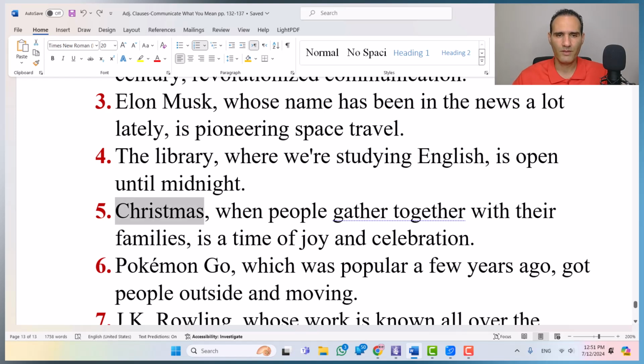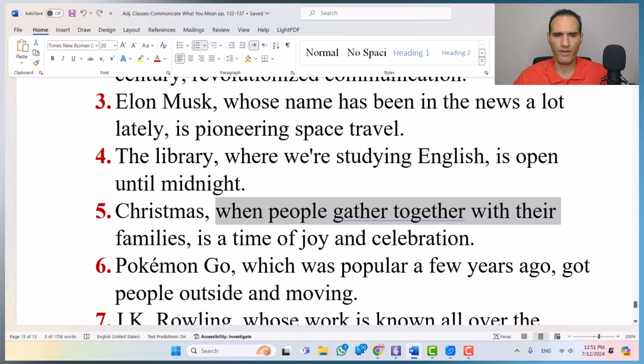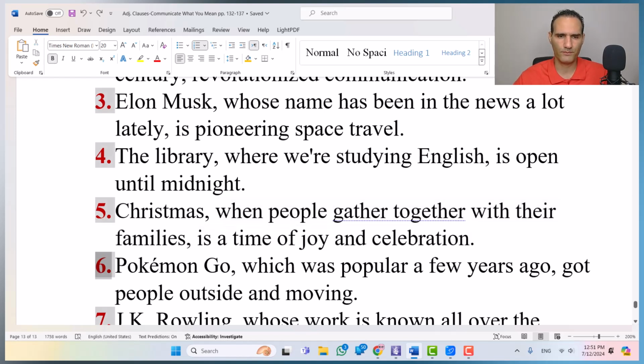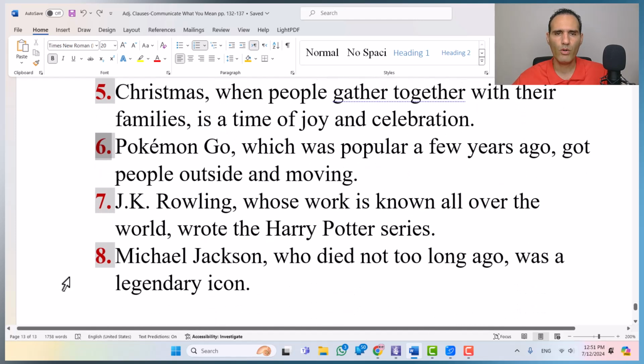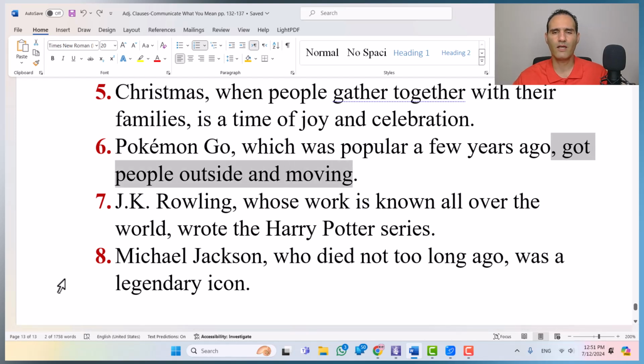Number 5, Christmas. Of course, unnecessary. When people gather together with their families, is a time of joy and celebration. Pokemon Go, number 6, which was popular a few years ago, got people outside and moving.